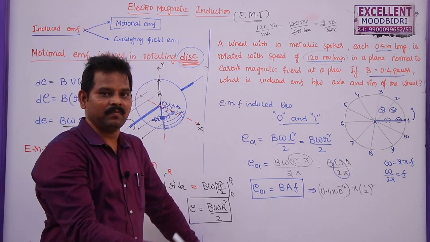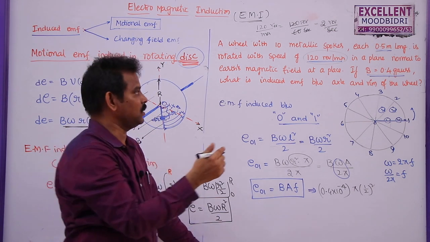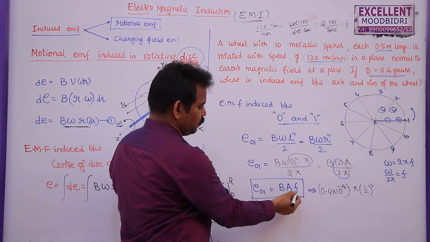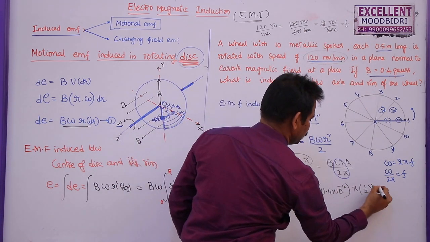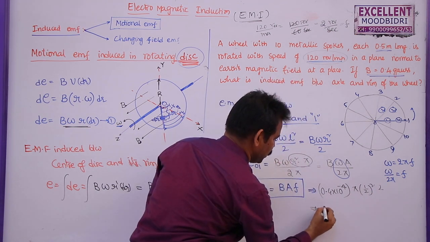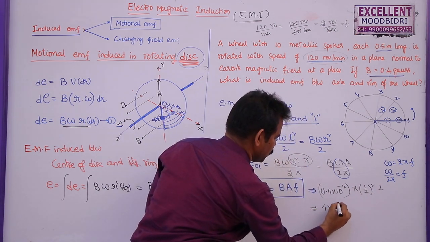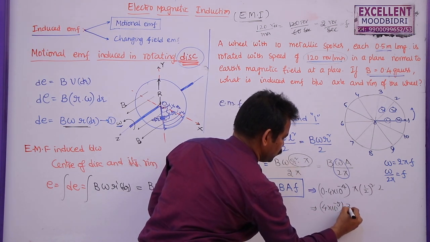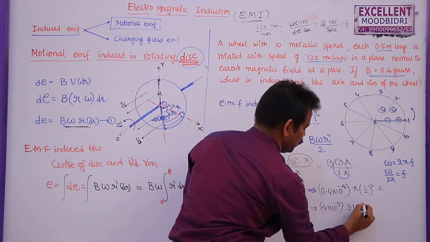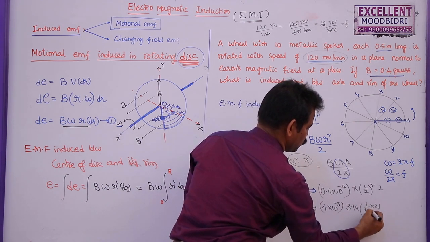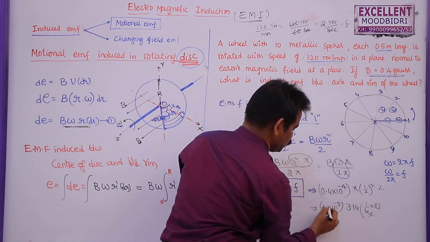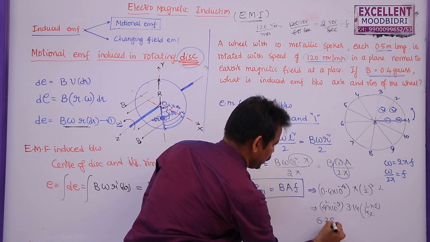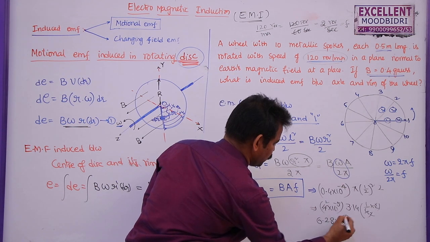Frequency is nothing but the number of revolutions made by any body per second. So this we call the frequency of revolution. So in place of f you can write 2 here. So now you can write 4 into 10 power minus 5 into, this is 22 by 7, you can write 3.14, into 1 by 4 into 2. This cancels, 2 cancels, 2 into 3.14 will be 6.28 into 10 power minus 5.